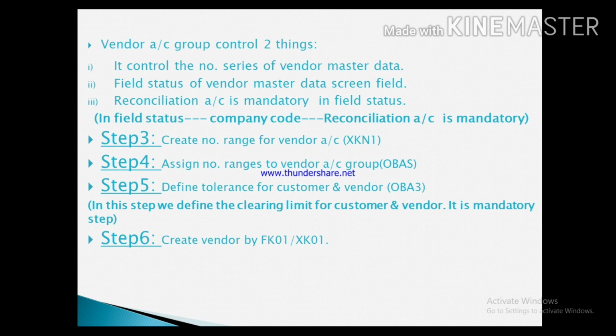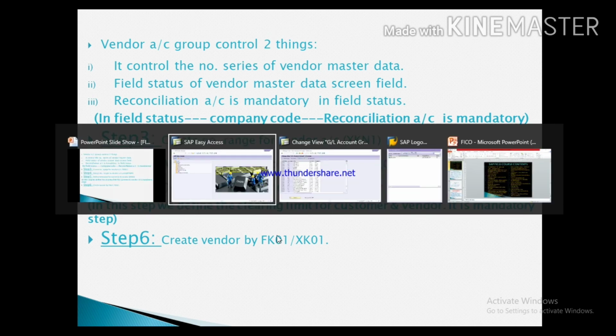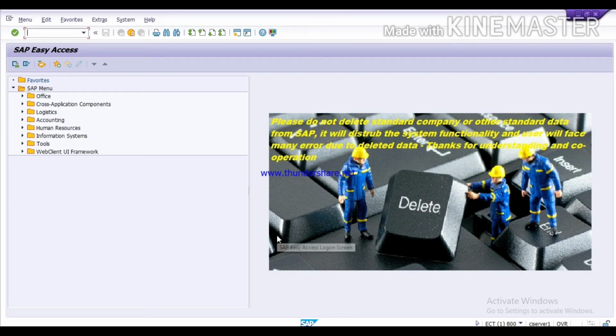First is it controls the number series of vendor master data, and second is field status of vendor master data, as we have done. Now next step is to create number ranges for the vendor account under the T code XKN1.